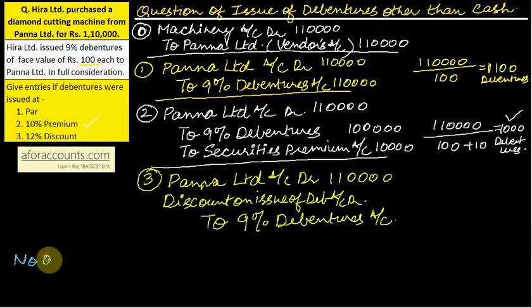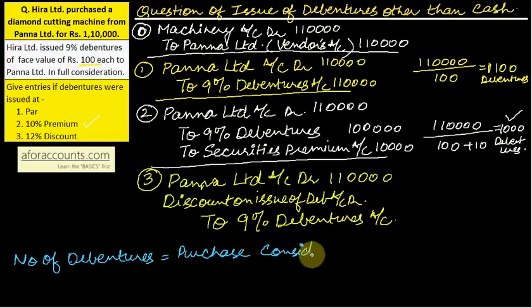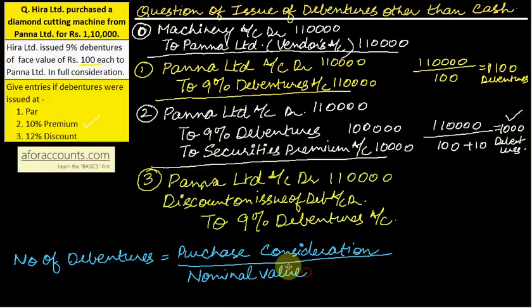Number of debentures is equal to purchase consideration divided by nominal value. यदि प्रीमियम होता तो ऐड कर देती.